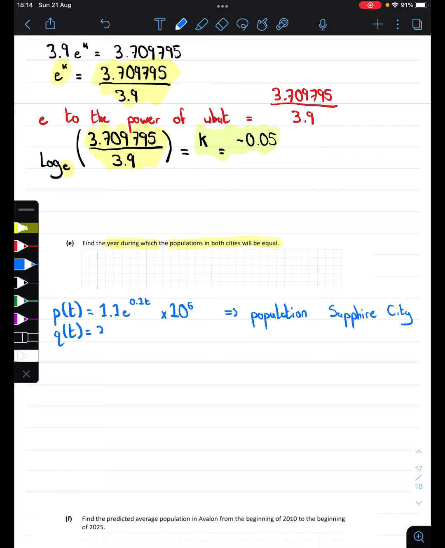And Q of t equals 3.9 e to the minus 0.05 t by 10 to the power of 6 is the population in Avalon at time t.